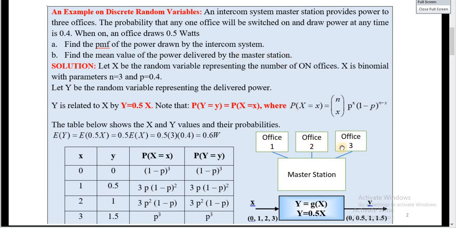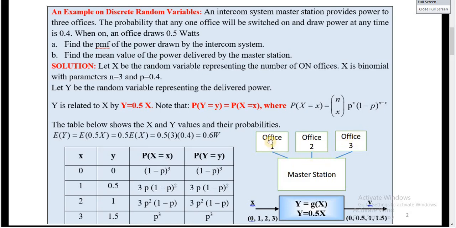So this figure demonstrates the problem. We have a master intercom unit, and it provides power to 3 offices. These offices are switched on and off independently of each other.